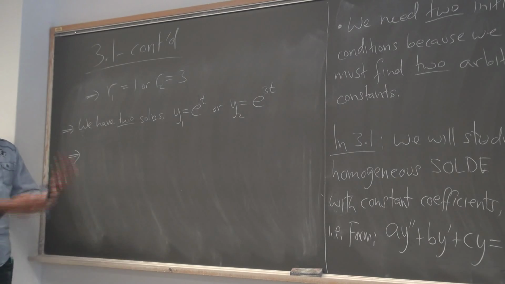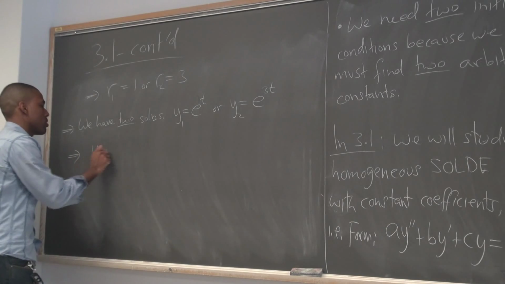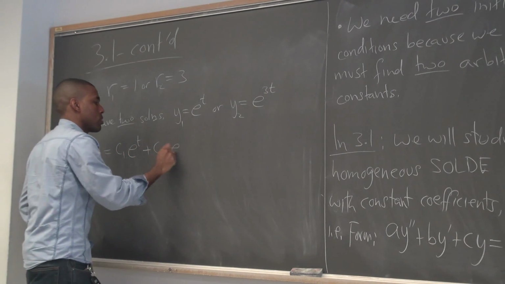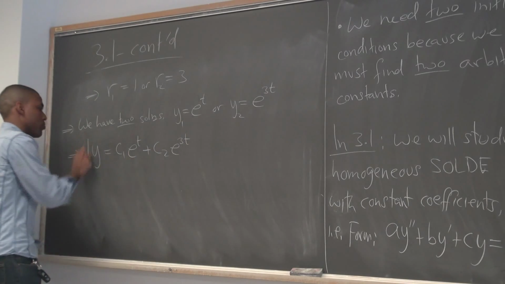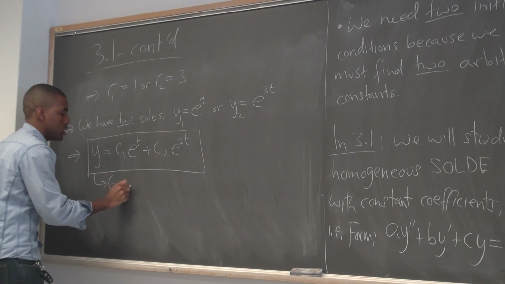But what do we know if we have two solutions to a differential equation? Well, it means the linear combination is the solution. This is called the general solution.